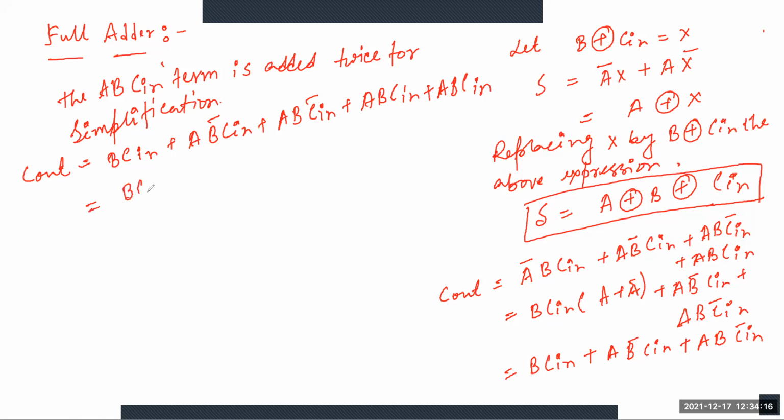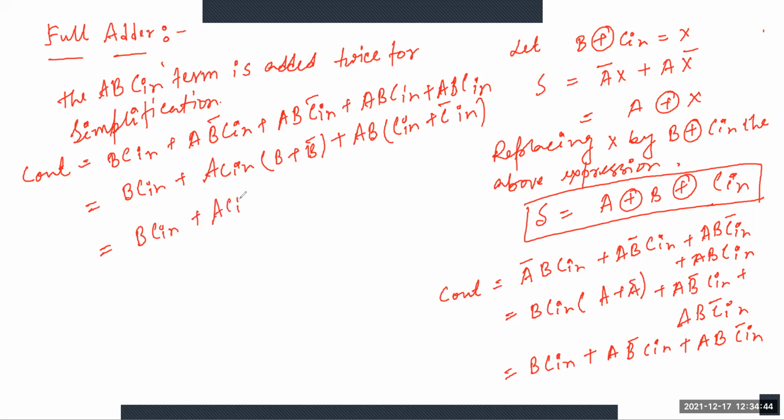So here we are getting B plus B bar plus AB equals to C in plus C bar in. So this is BC in plus AC in plus AB. Okay, so this is the final expression of C out.